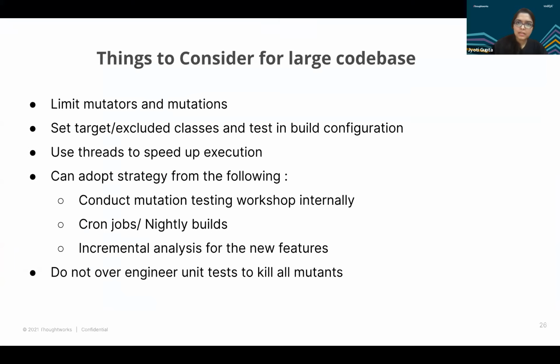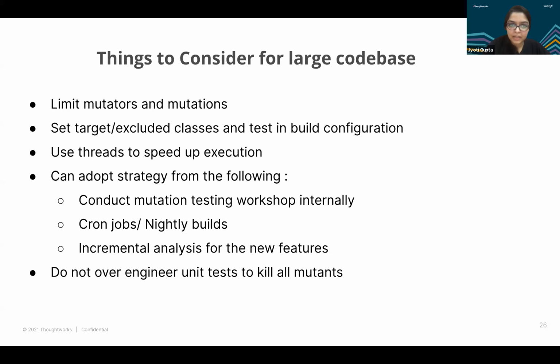Okay, so there are some points we can take care of in an enterprise-level code base that would help you to get more benefit from your mutation testing. Firstly, you can limit your mutators and mutations. Depending on the nature of your project, decide what kind of mutators you want to inject. We can't blindly go with all the mutators, right?